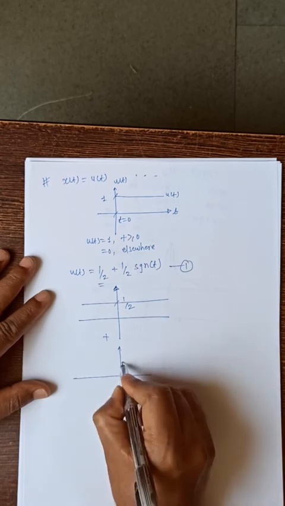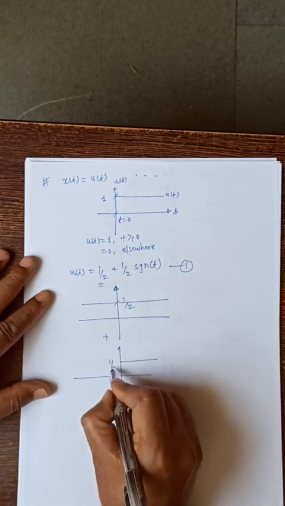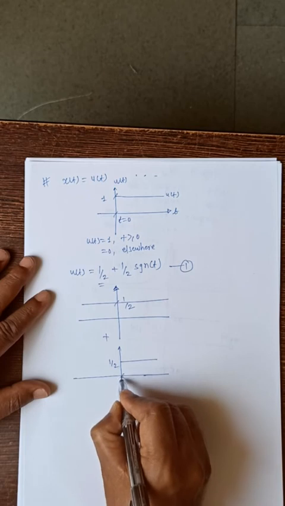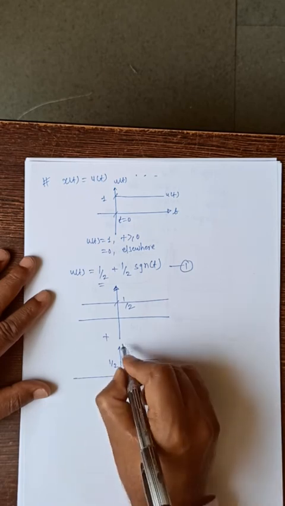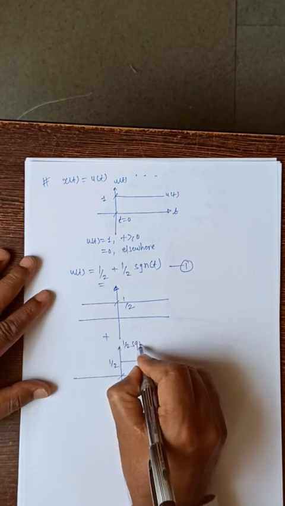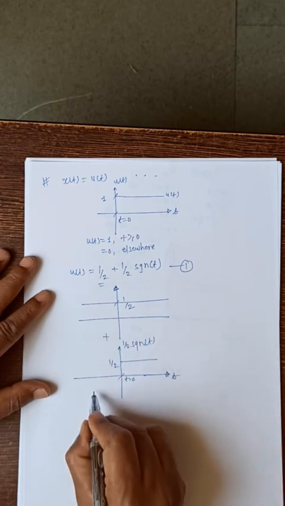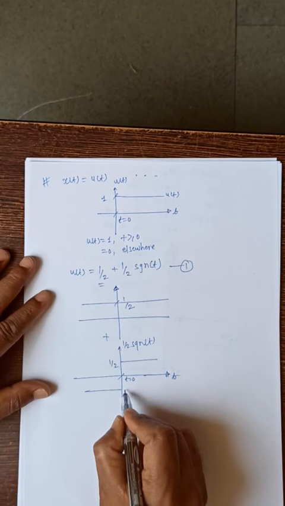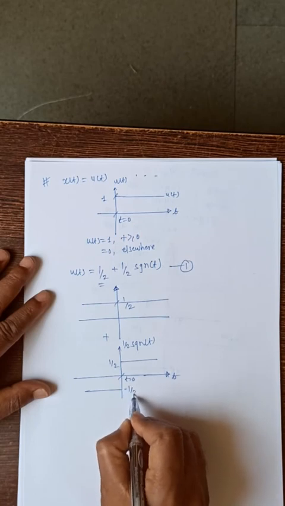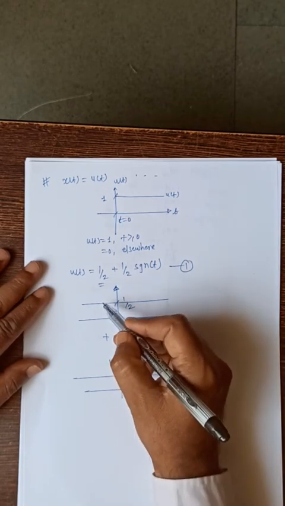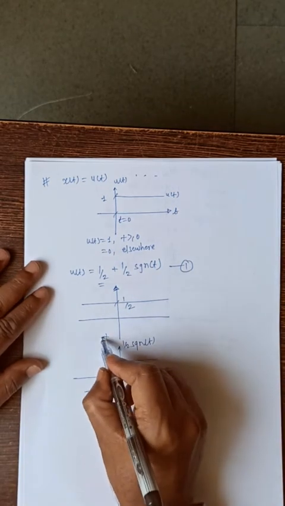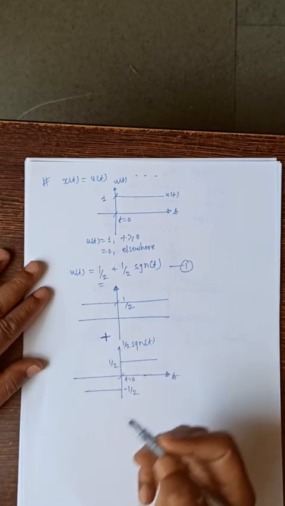So the value is equal to half for values of t greater than or equal to 0. This is t, this is half sgn(t), and to this side it is also half, but in the negative direction, that is minus half. Now just add these two signals.